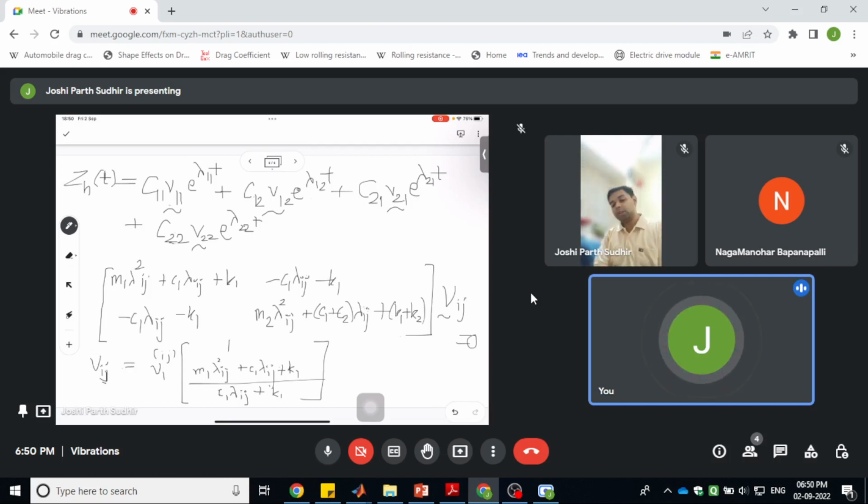This will be the general form of the eigenvector.